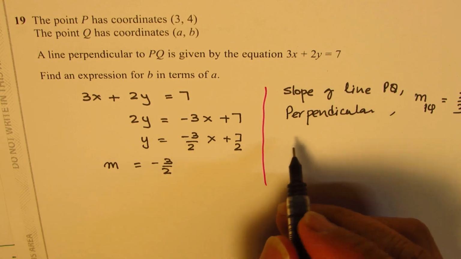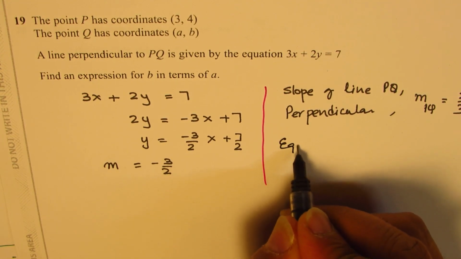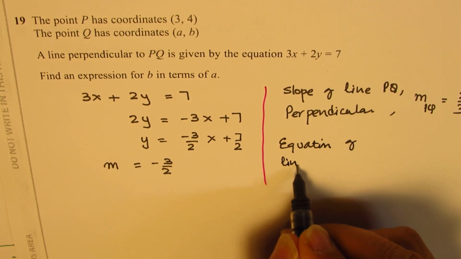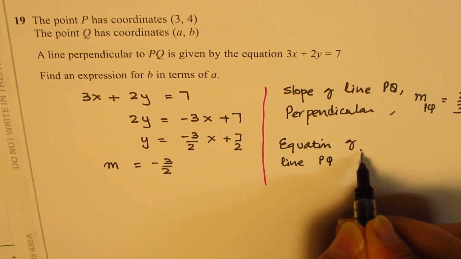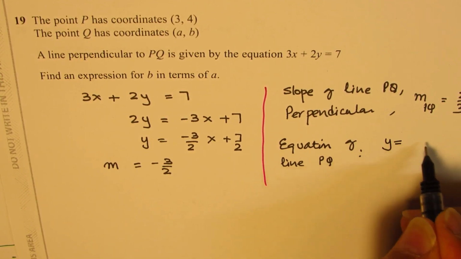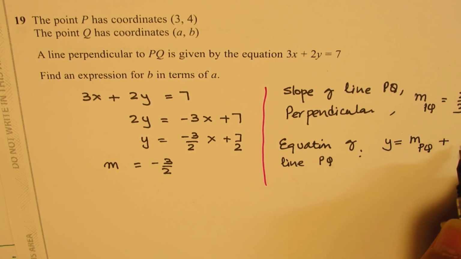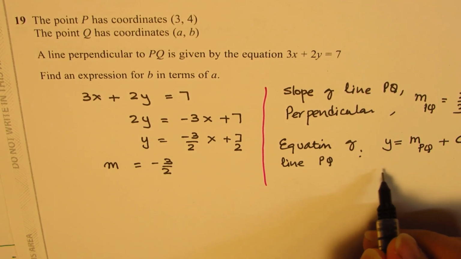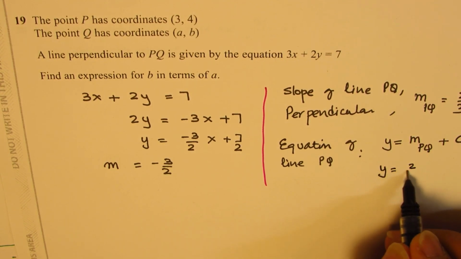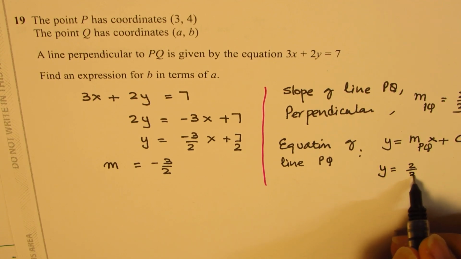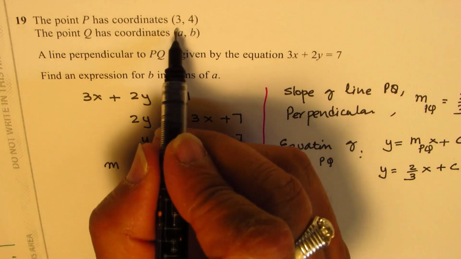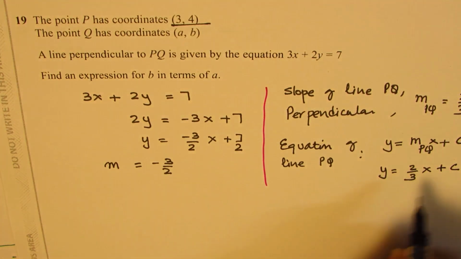So let's find the equation now, the equation of line PQ can be written as y equals slope MPQ times x plus some constant. Let's call that constant C. Now we have y equals 2 over 3 x plus C. To get the value of C, let's substitute the point P, which is 3, 4.